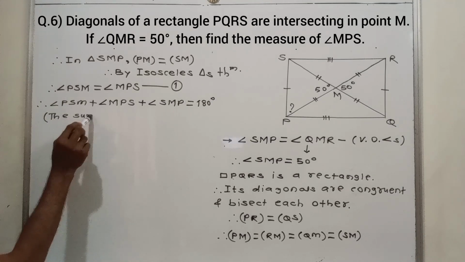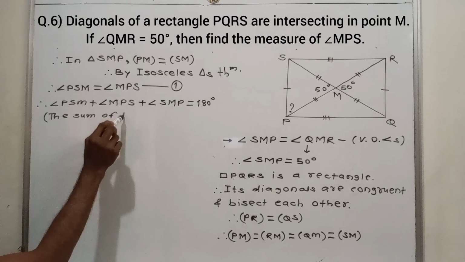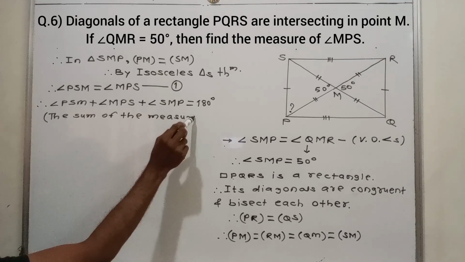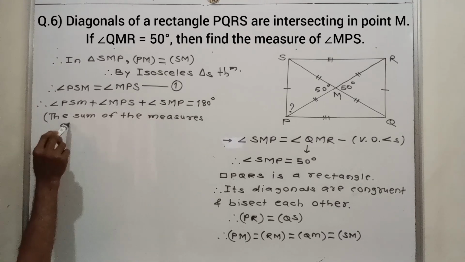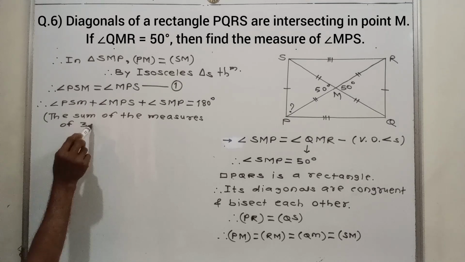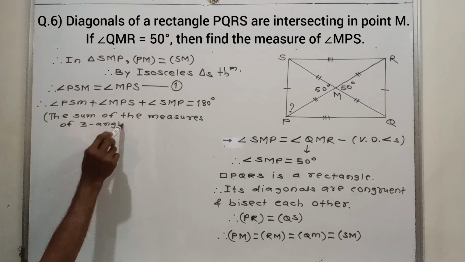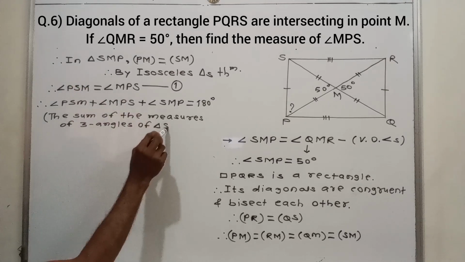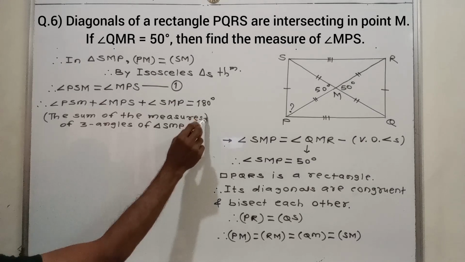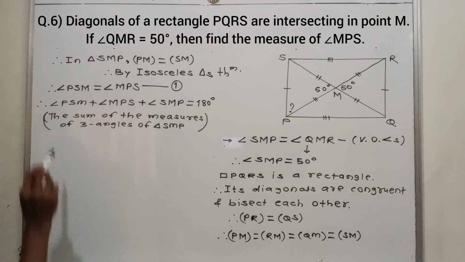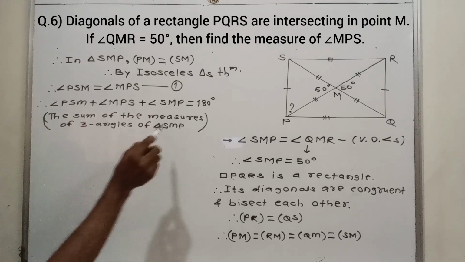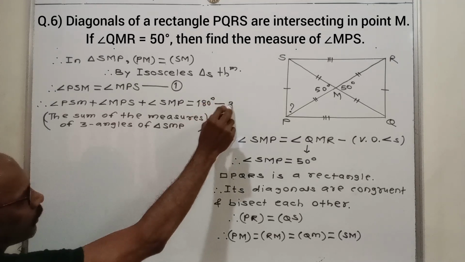The sum of the measures of three angles of triangle SMP. Did you get it? The sum of the measures of angles of any triangle is 180 degree. Now, this is our equation number 2.